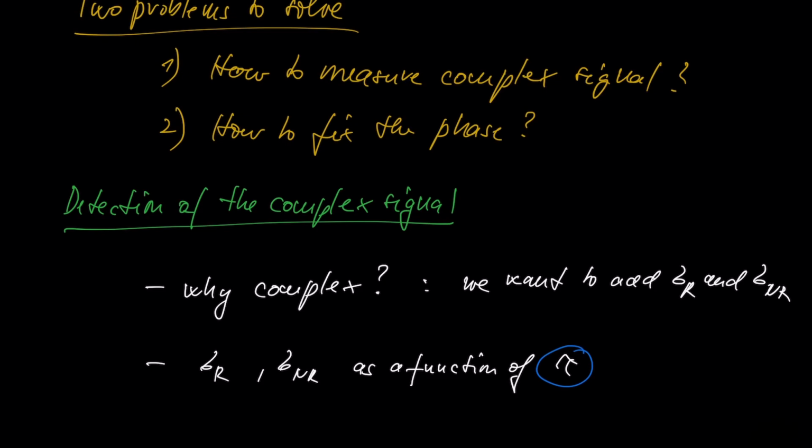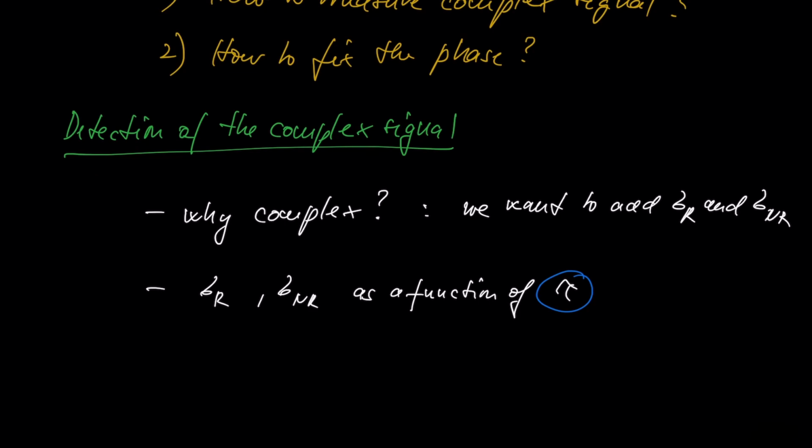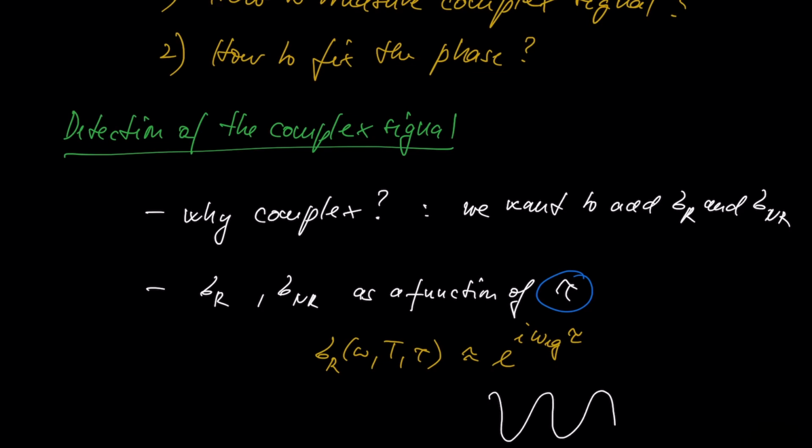So as a function of tau, they have the form of an absorption response, the response function that corresponds to absorption. So sigma r of omega t and tau would look something like this: e to the power of I omega Eg tau, where this is the optical field with the frequency omega Eg.